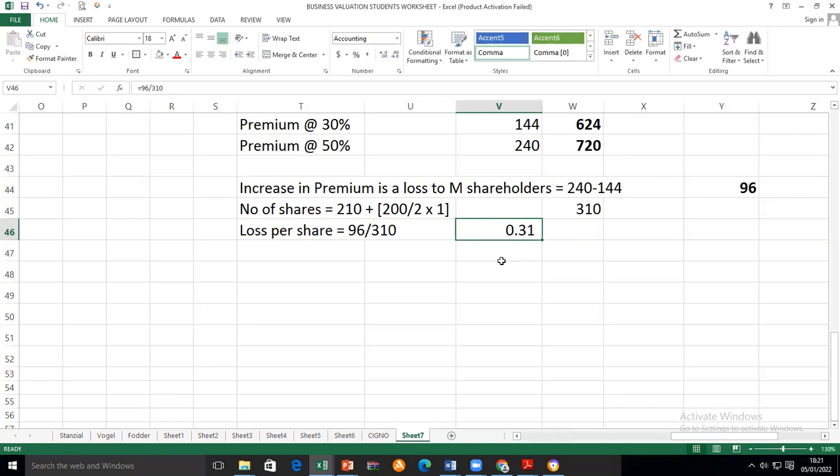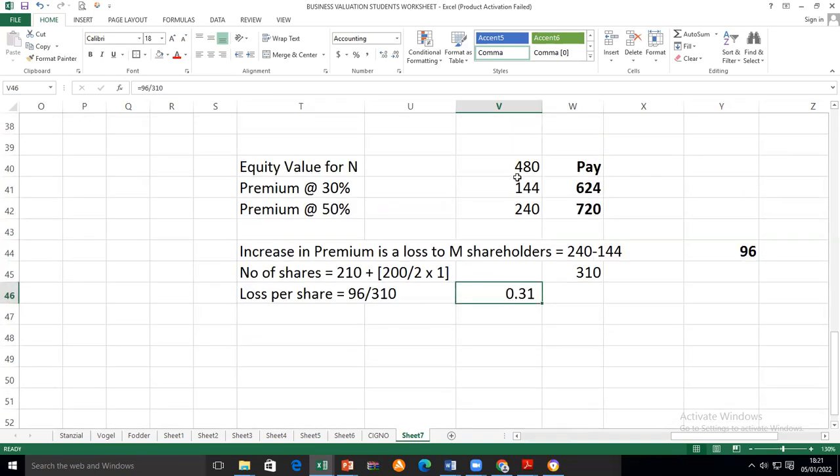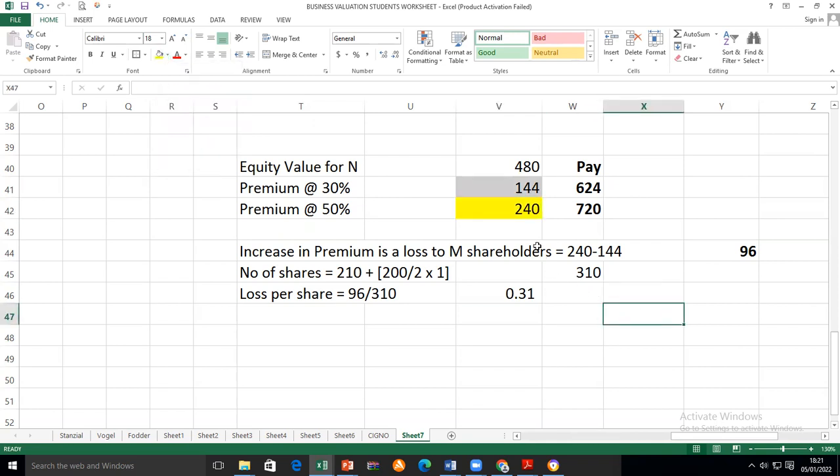So it's a loss of 0.31 per share. So if you decide to increase the premium from this figure to that figure, you're going to pay more. This is 96, a loss, divided by 310.